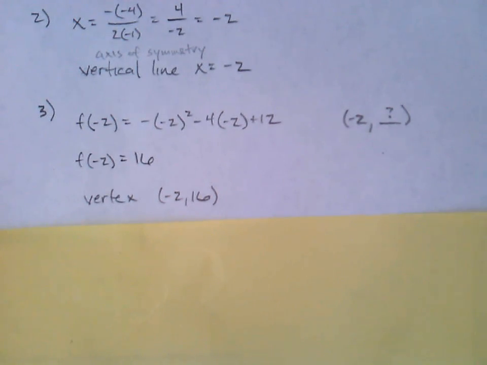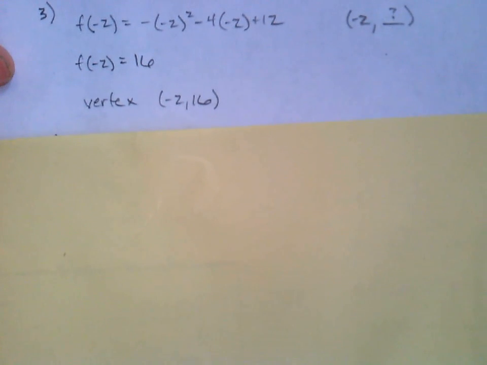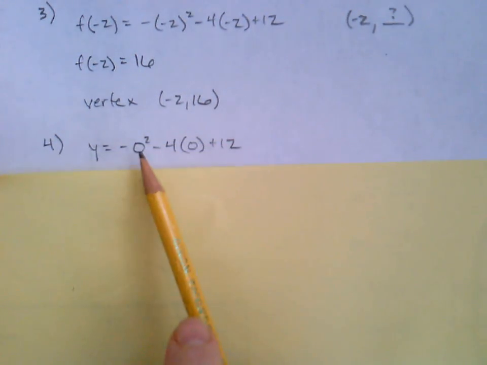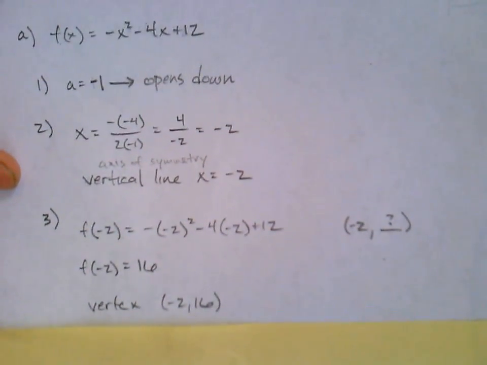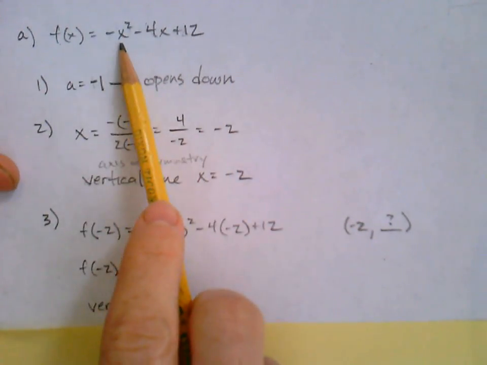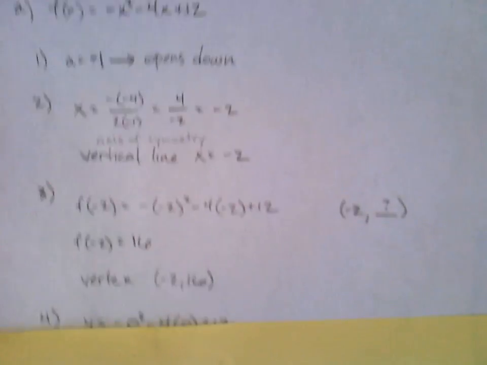Hey, we're moving along pretty well here. Okay, let's go on to step number 4. Step number 4 is to determine the y-intercept. So what we're going to do is plug in 0 for x, going back to our function, plugging in 0 for x, both x's.